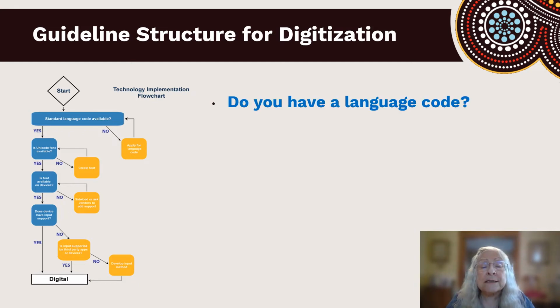We can run through the steps. The first question is, do you have a language code? Has your language been registered and recognized by the Unicode Consortium so that you have a code that can be used in bringing the language to the web?